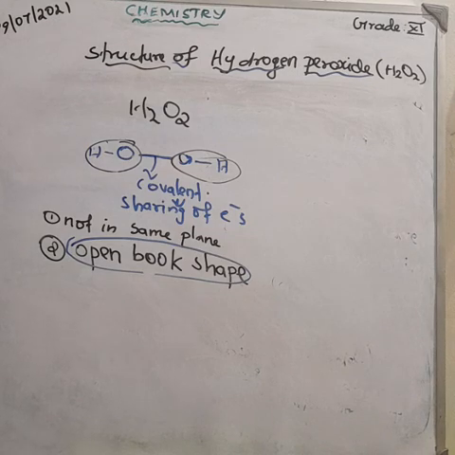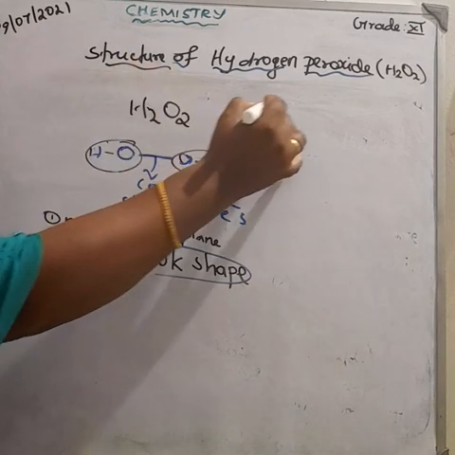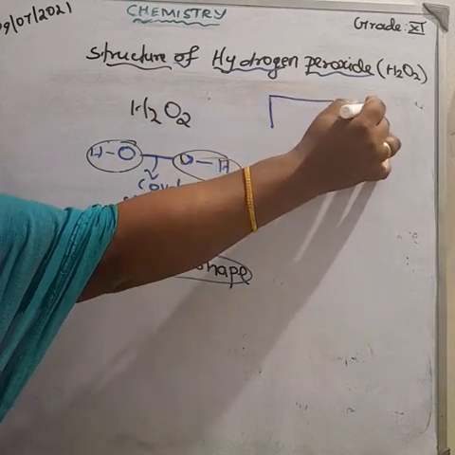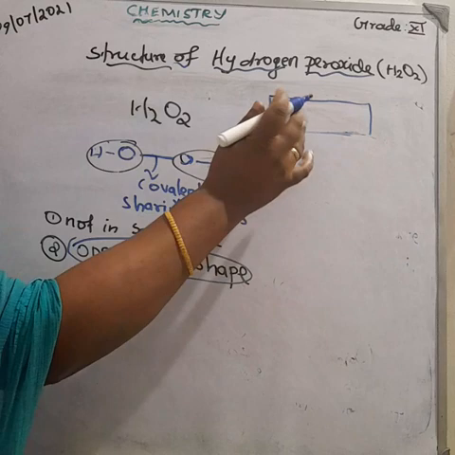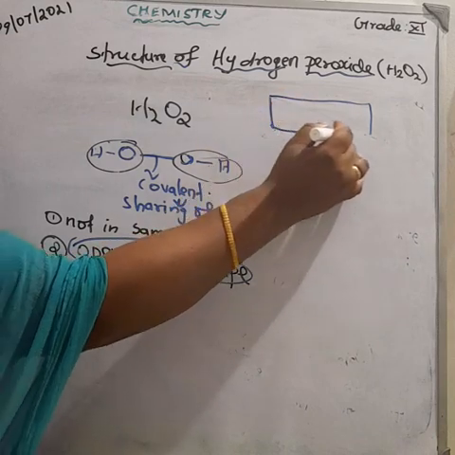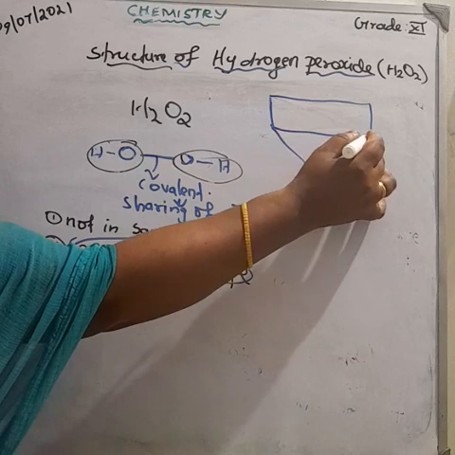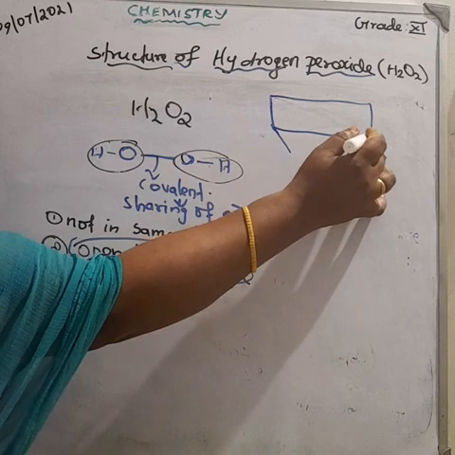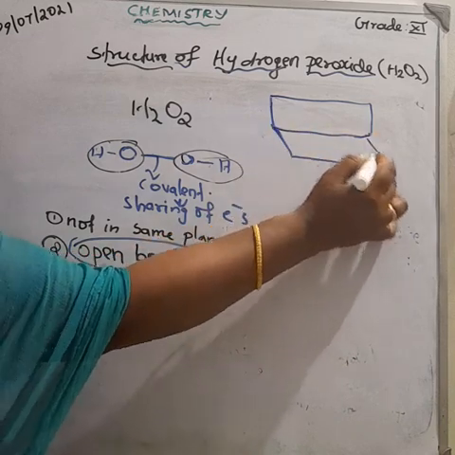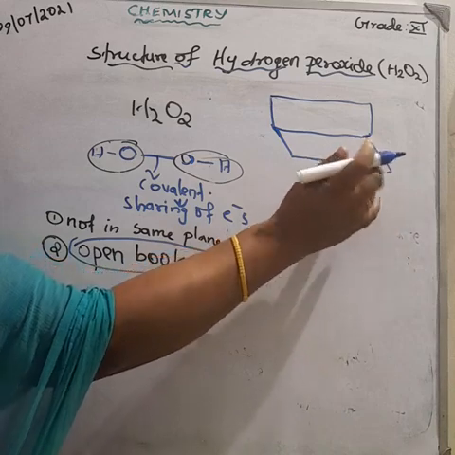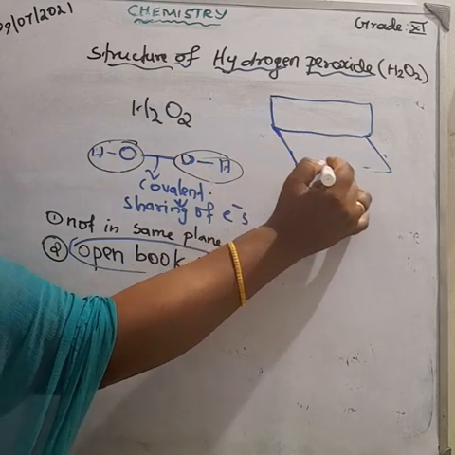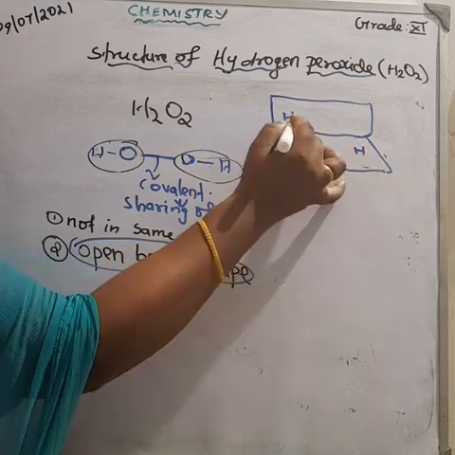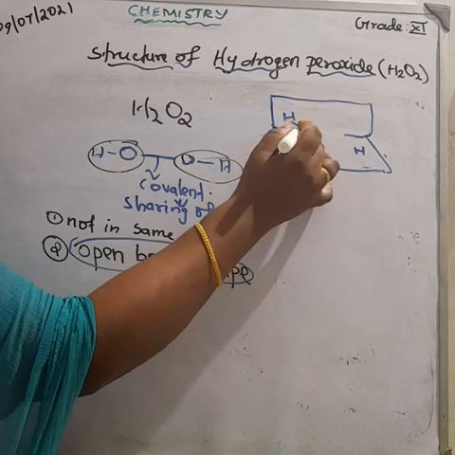So this is the partly opened book. It is one of the skew conformation structures. Skew conformation means the hydrogen atoms are in a slant position. Understand? So these two hydrogen atoms lie on the pages of the partly open book.